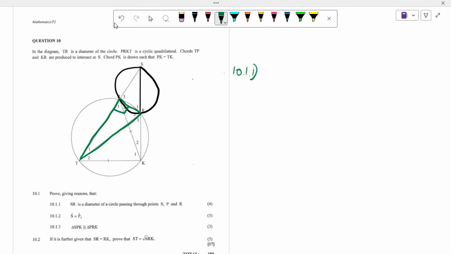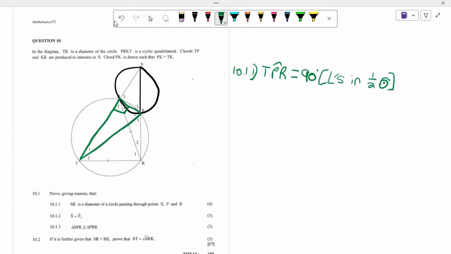So we can say TPR is equal to 90 degrees. What is my reason for saying that? Angles in a semicircle. That's my reason, right? So I have figured that out.